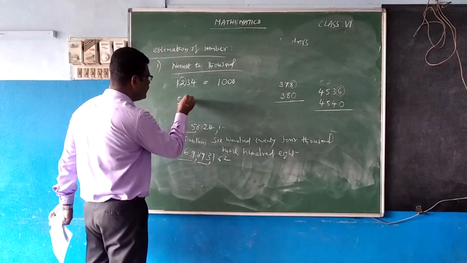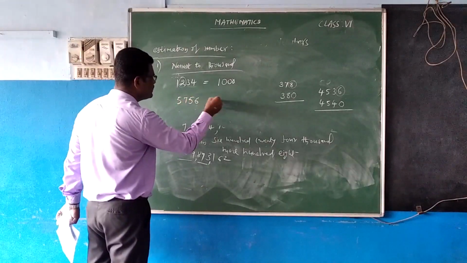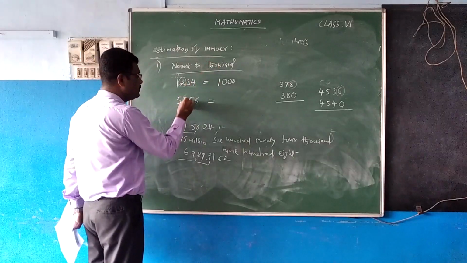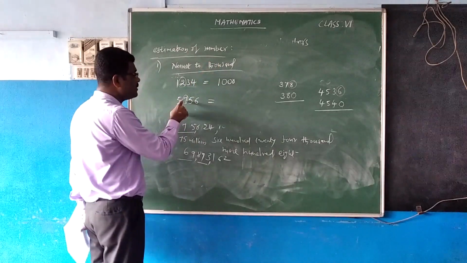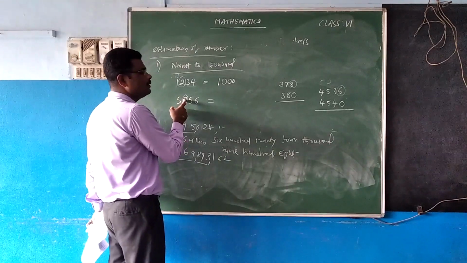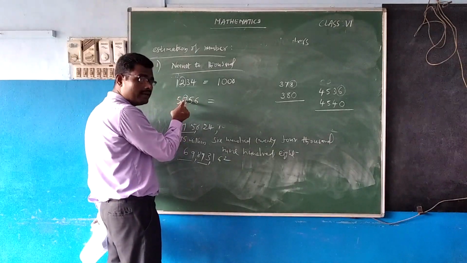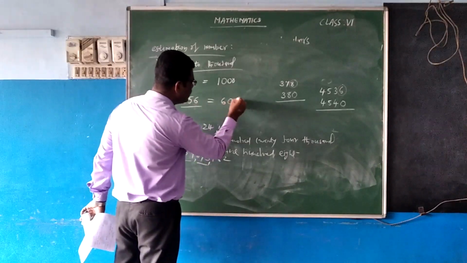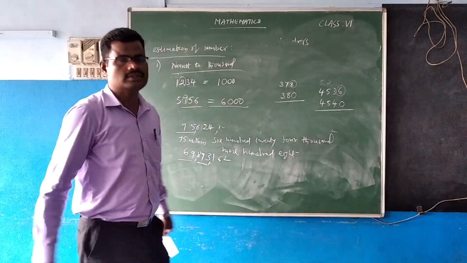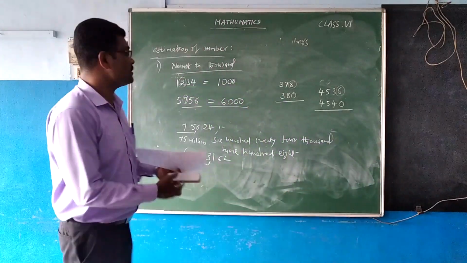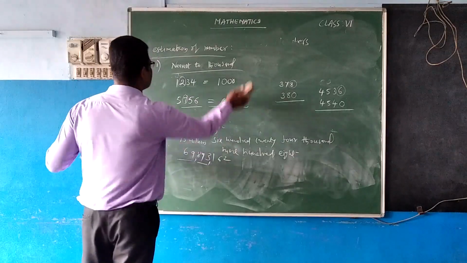Suppose 5, 7, 5, 6. Nearest to 1000, locate the hundreds place. This is 7, which is more than 5, so the thousands digit increases to 6. The rest of the numbers will be 0. So it is 6000.